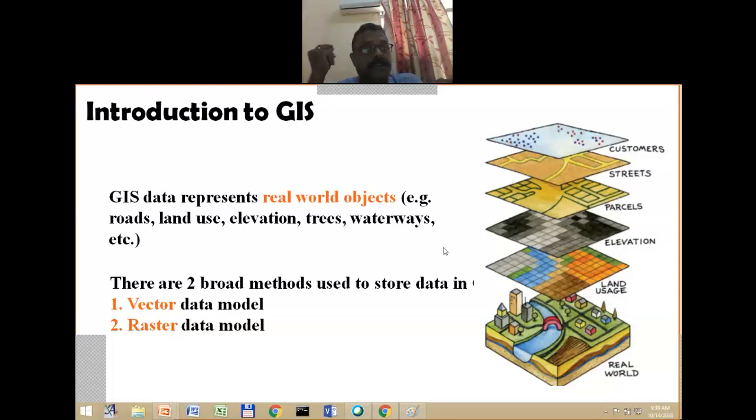The first GIS software open for civilian purposes is known as GRASS GIS, which was initially developed by the US Army Corps of Engineers. Nowadays this is also available, so you can just go to Google and type GRASS GIS. I'll just show you here, just for your information.